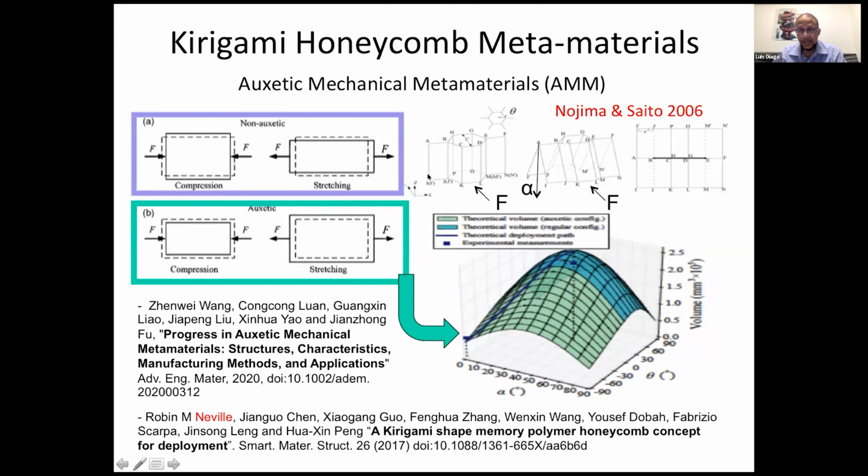Almost all the works focusing on the Kirigami honeycomb are based on the initial approach proposed by Nojima and Saito, when they proposed to develop some uniform honeycomb based on two curved uniform honeycombs, and they found some equations to transform from the 3D case to the 2D by including some slant in the pattern.